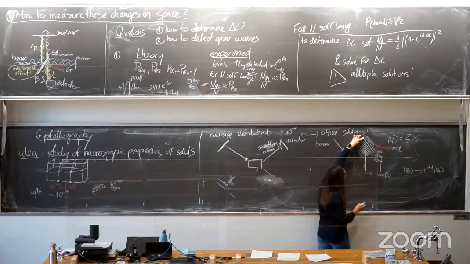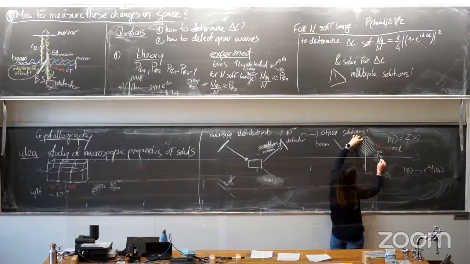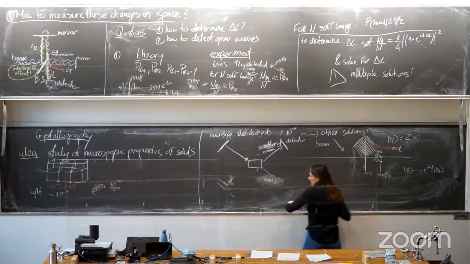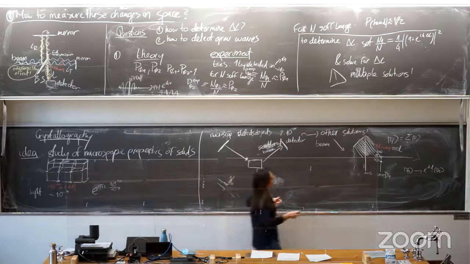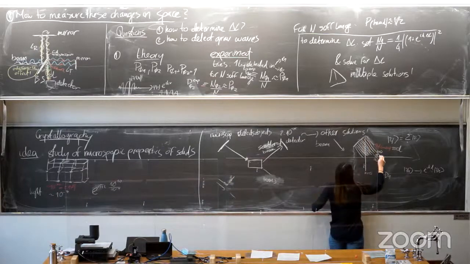Now for psi j, I have to do the same. But this distance, the distance between here and here and here, let's call it d2. This is not d.